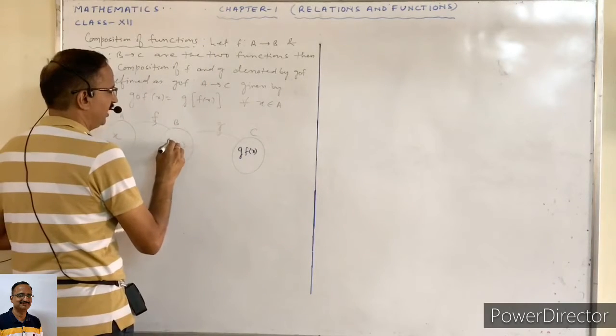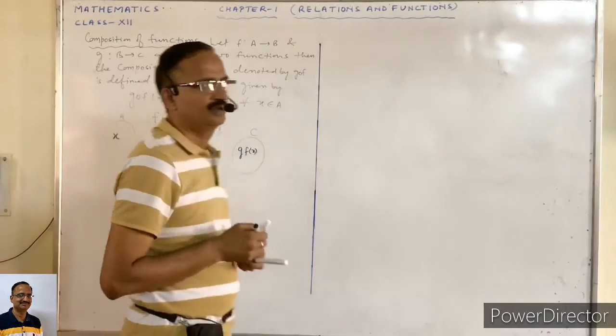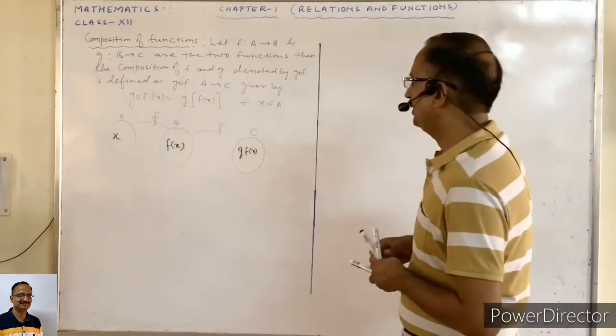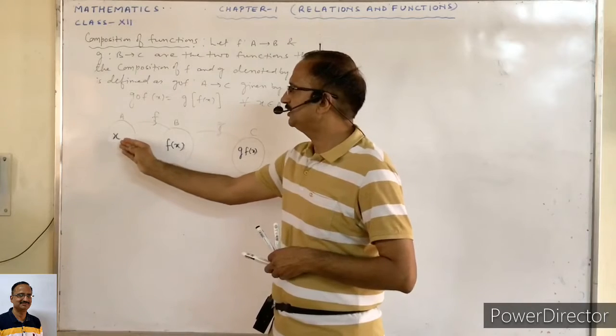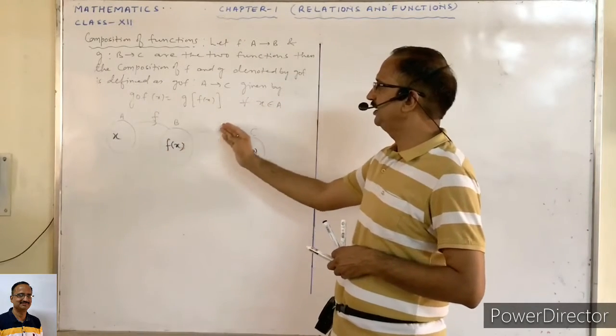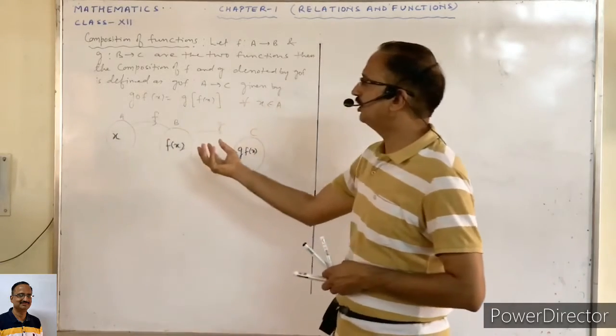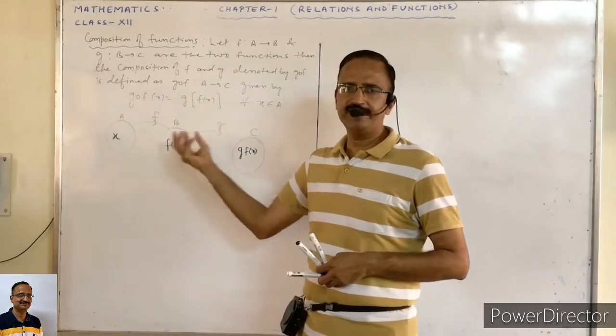This is f x, this is x. So when we put x in f, we get f x, and when we put f x in g, we get g f x. So this is the composition of two functions f and g.